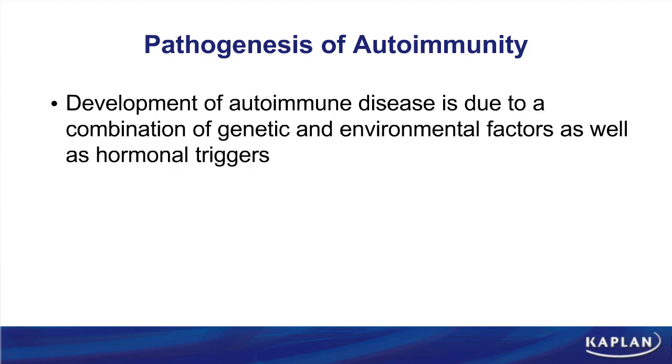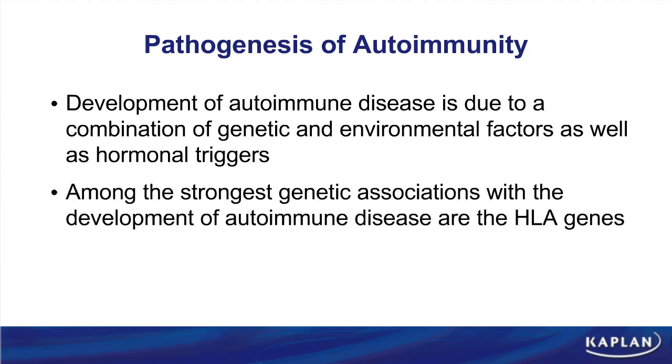As we mentioned, autoimmunity is pretty complicated. So the development of autoimmune diseases is not generally linked to one particular factor, but usually a combination of genetics, as we're going to talk about with HLA in just a minute, environmental factors, so exposure to different things, and hormones can also be a factor. So again, not typically just one thing that triggers an autoimmune disease.